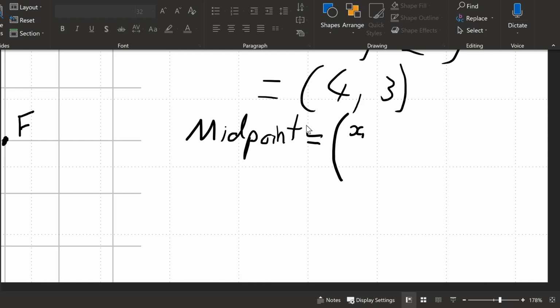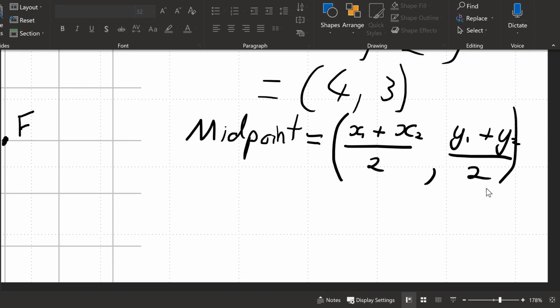So the midpoint of the line segment between 2 points is the x value of the first point plus the x value of the second point divided by 2. And that's our x value. And then the y value is going to be the y value of the first point plus the y value of the second point divided by 2.